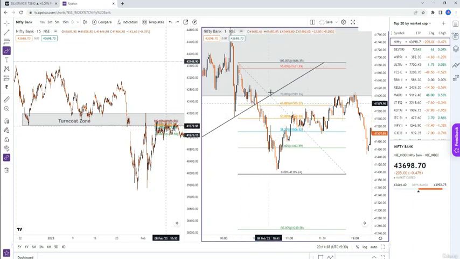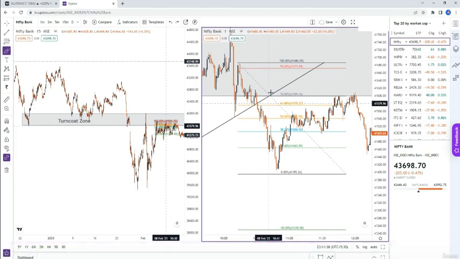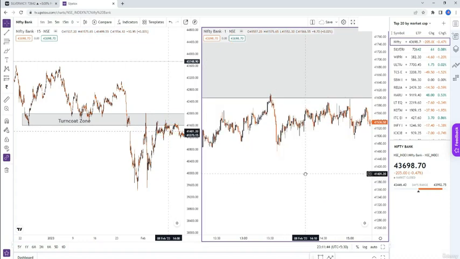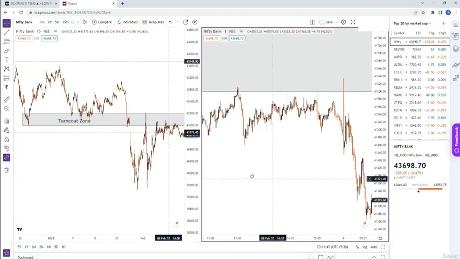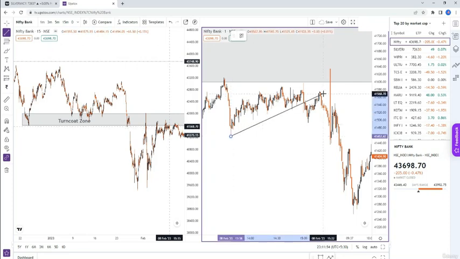So your entry is here at this point. Okay, and here you see this is a trend line break.